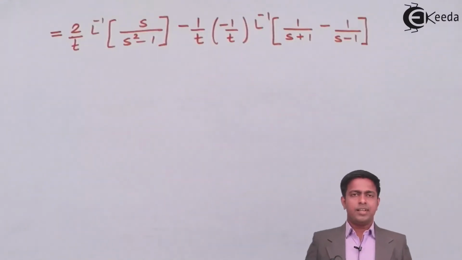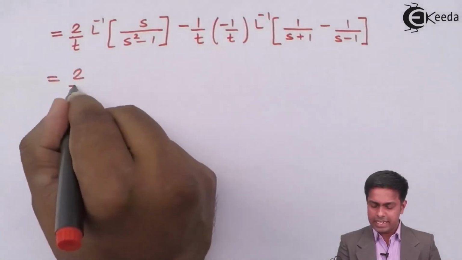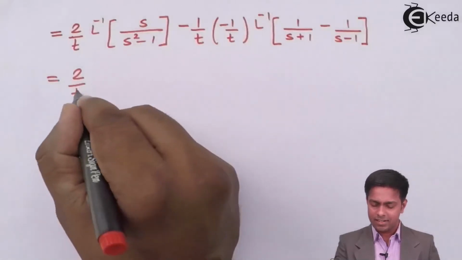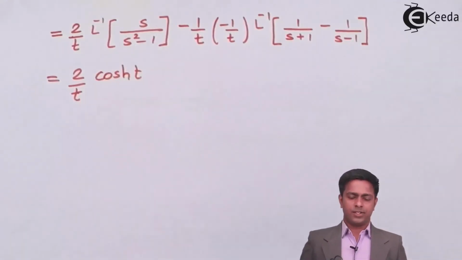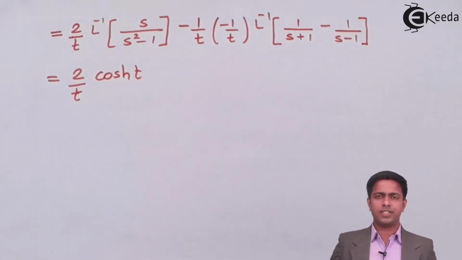Now let's solve further. So here I'll get 2 by t as it is, and we know that the inverse Laplace transform of this function is hyperbolic cos of t. So guys, I'm sure that you have revised all the formulae of inverse Laplace transform.